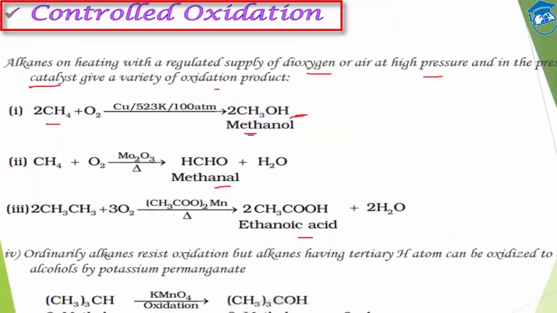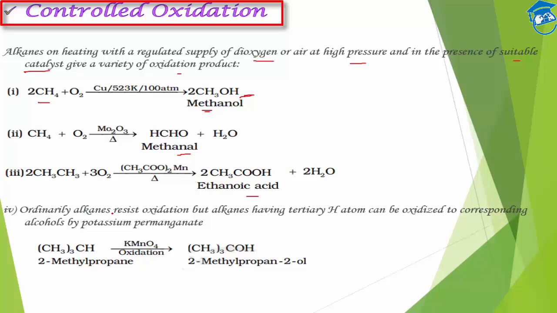But generally, the alkanes are resistant to oxidation by the oxidizing agents, but tertiary alkanes could be oxidized by potassium permanganate. And with mild oxidation they could be oxidized to the alcohol.